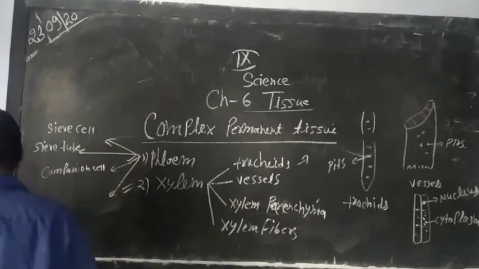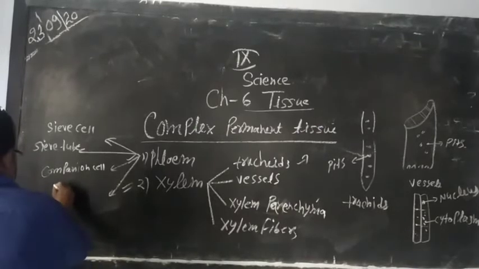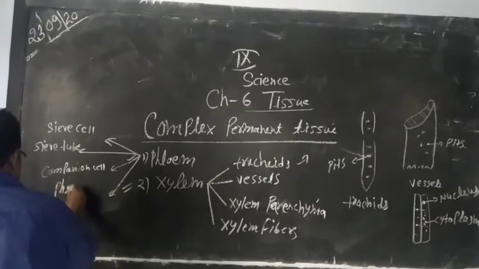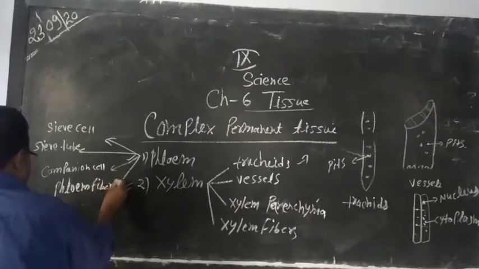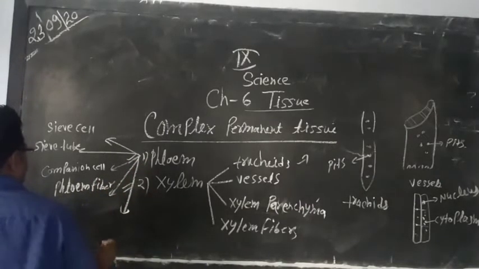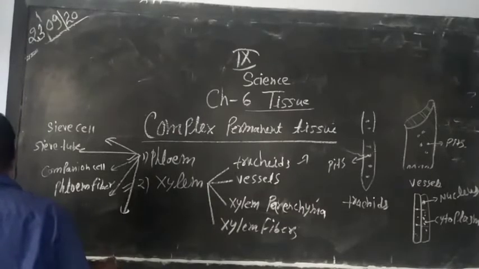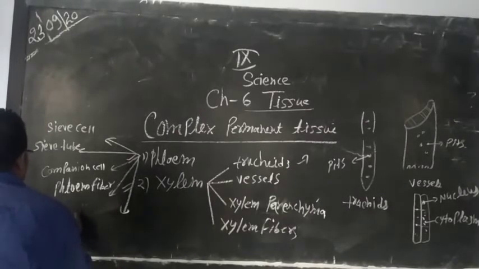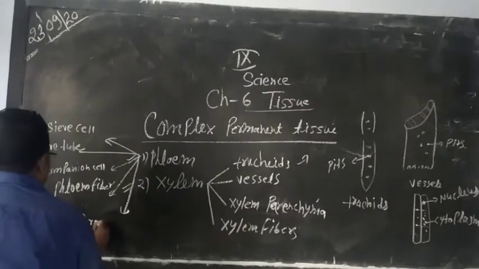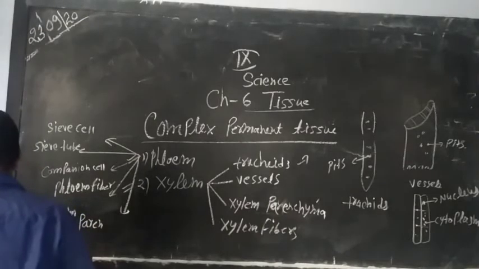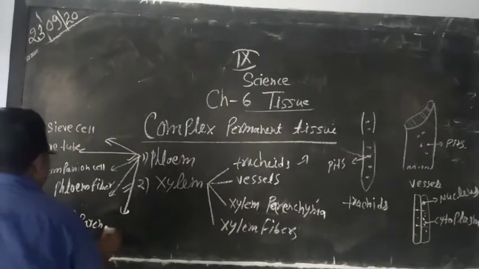Fourth one is phloem fibers. And last one, fifth one is phloem parenchyma.